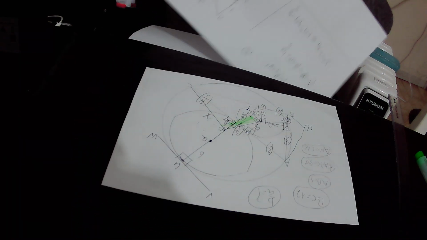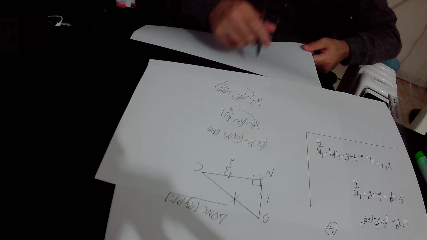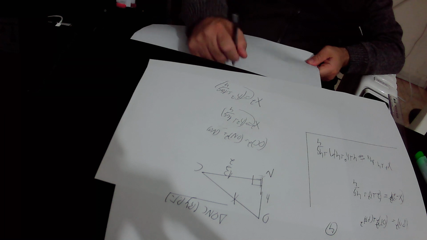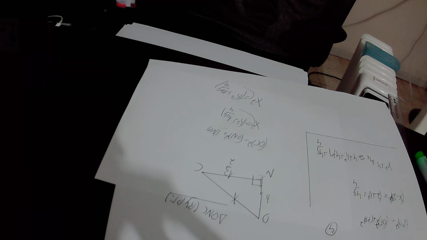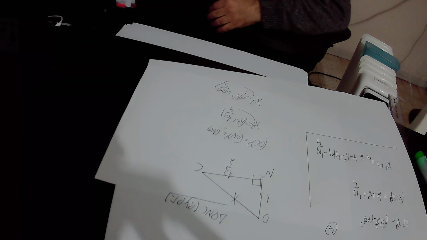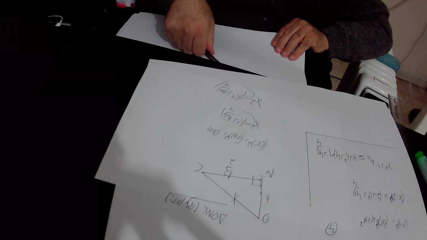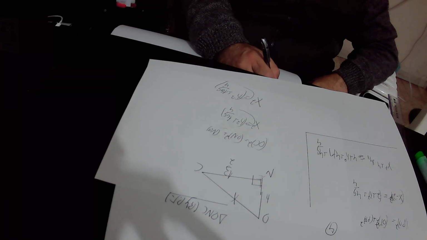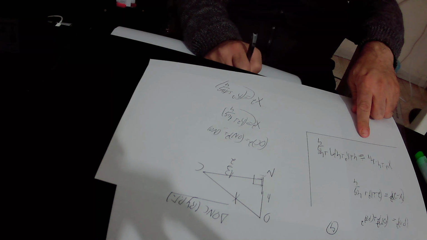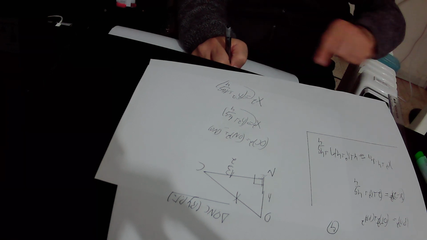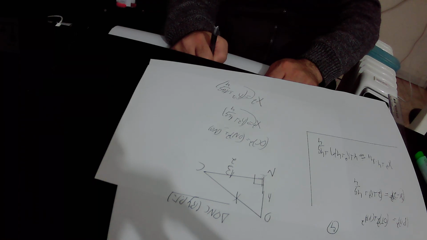We do it now and we get that x squared, which is h squared plus 169 over 4, plus 4 minus 4x, equals 4 plus h squared plus 4h plus 49 over 4.